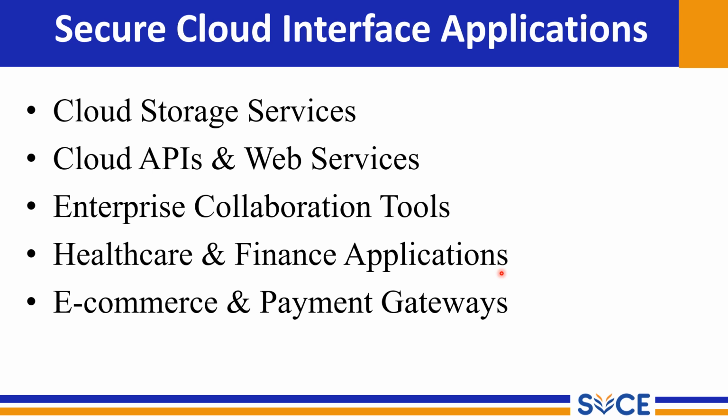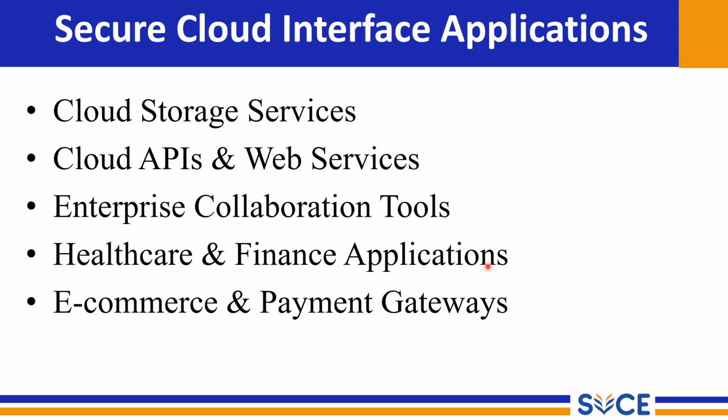gateways. So for cloud API and web services, there are AWS API Gateway and Azure API Management for secure application interactions, and enterprise collaboration tools like Microsoft 365 and Google Workspace for secure document collaboration. Healthcare and finance applications include HIPAA-compliant healthcare portals and banking services for secure data handling.